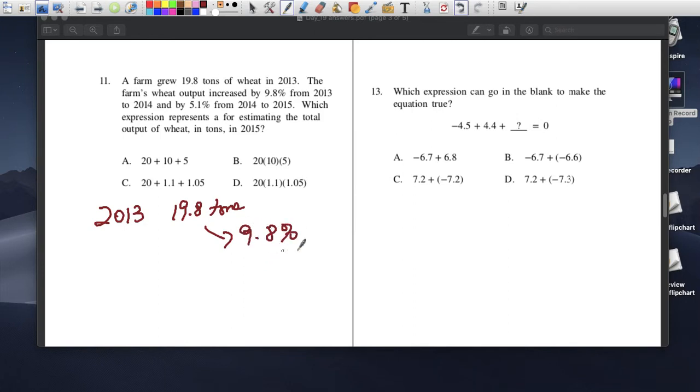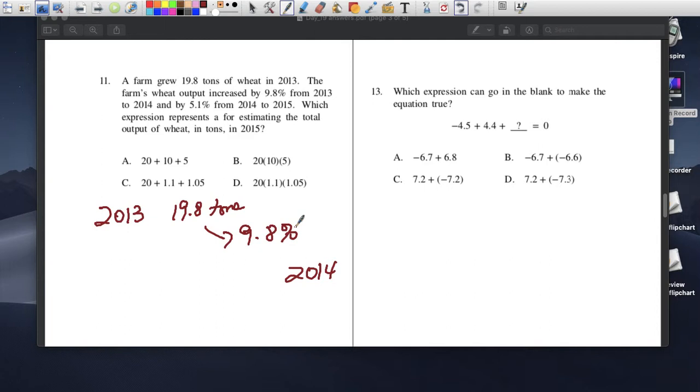So let's see what the growth is. So you had 19.8 tons in 2013. It's going to grow the output. They produce more wheat, and it went higher by 9.8%.